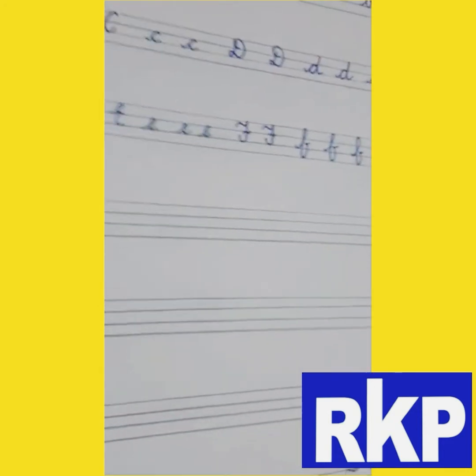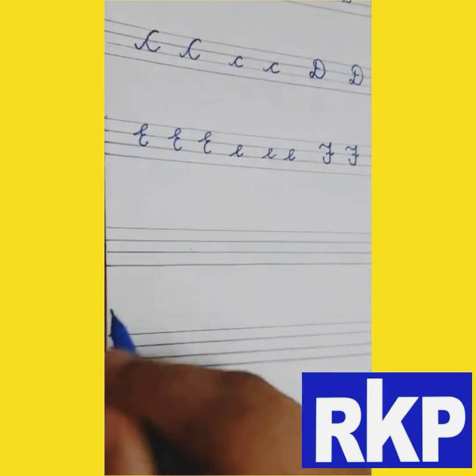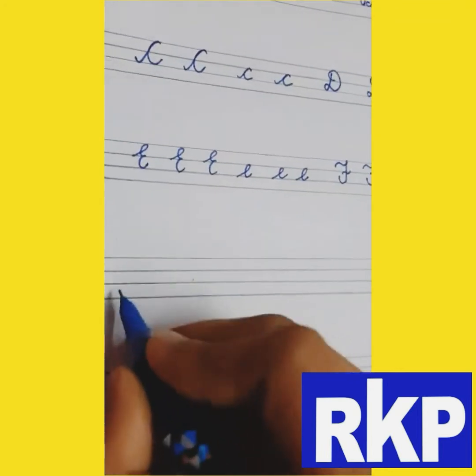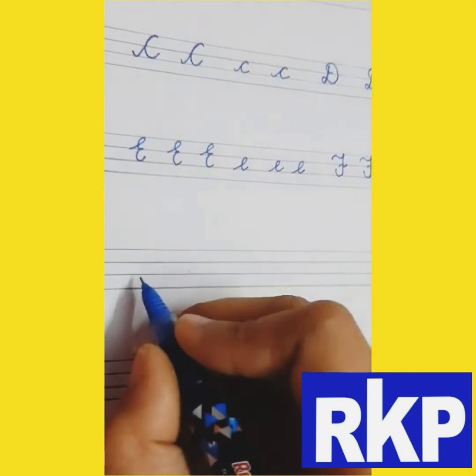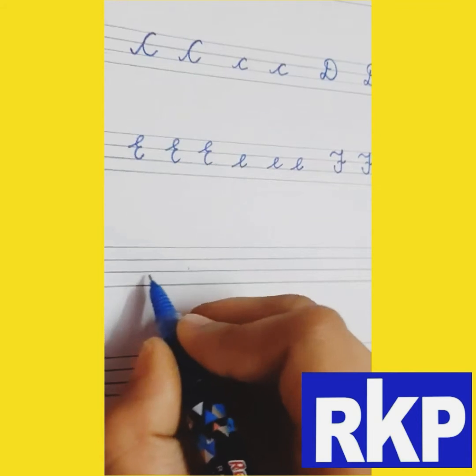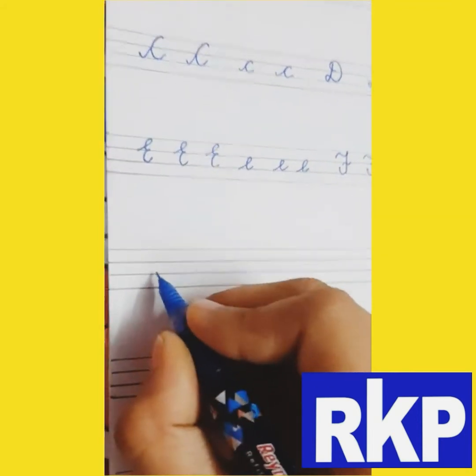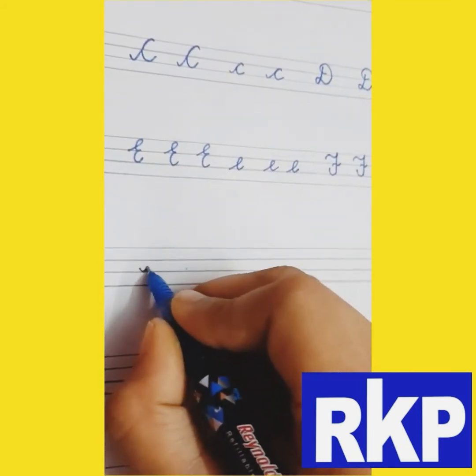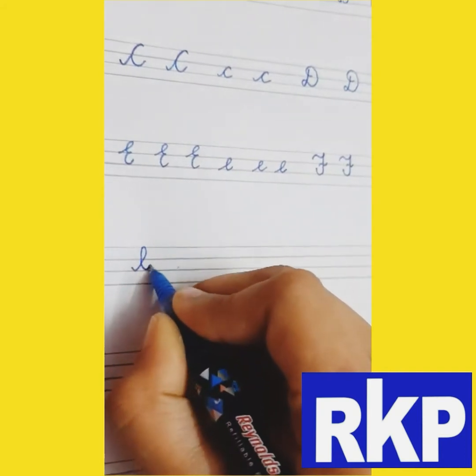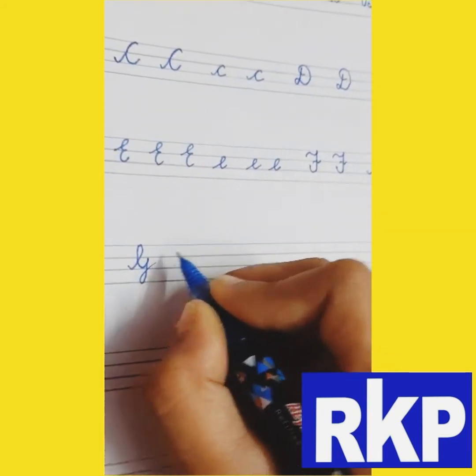Now it comes G, capital G. For capital G, which line is this? Baseline, right. Take a curve, go to the top line and this.